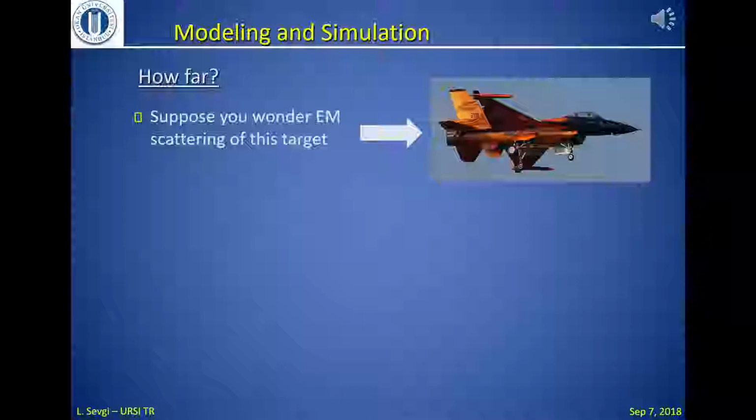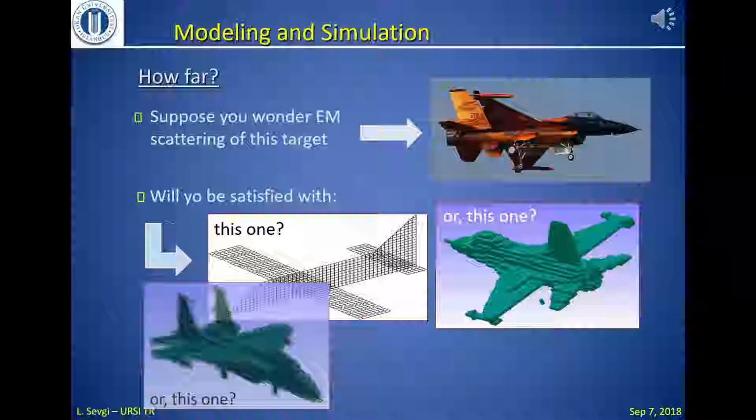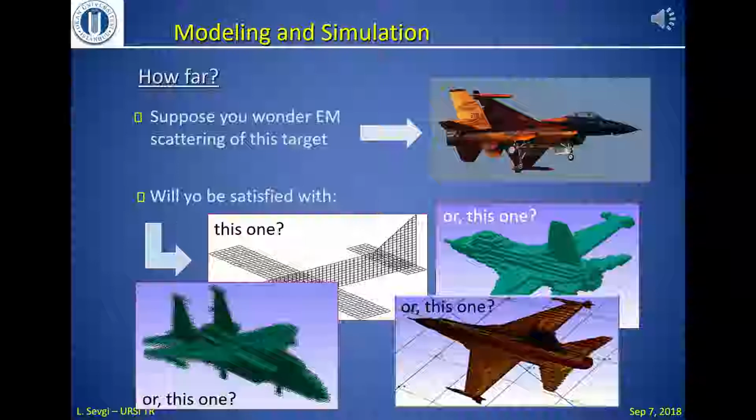How far do you need to go in modeling and simulation? This is a key question, and the answer depends on the accuracy you need and on the problem you deal with.